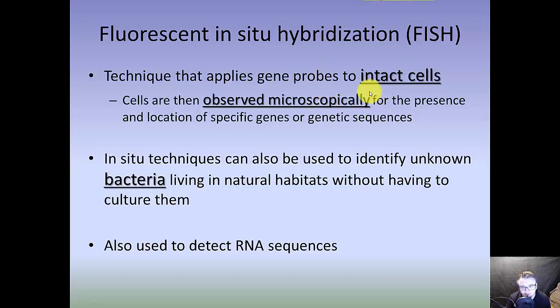You can more or less bypass all of those and replace them with a couple of very simple, cheap, and fast steps. And that way it speeds up the process. So it doesn't necessarily work for everything, and it has a certain application, but the idea is that you can essentially do the same probing to intact cells and skip all of the extra processing. So it's called fluorescent in situ hybridization, also known as FISH.